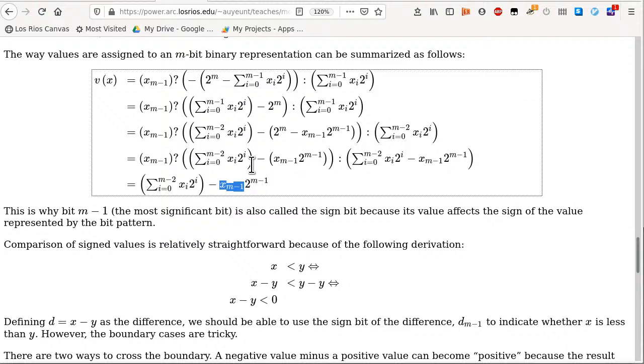So do we have any questions about the name sign bit versus most significant bit, and why it alone can determine the sign of a value? I'm going to pause a little bit here because there's a little bit of digesting involved, and if there are any questions, now would be a good time to ask.